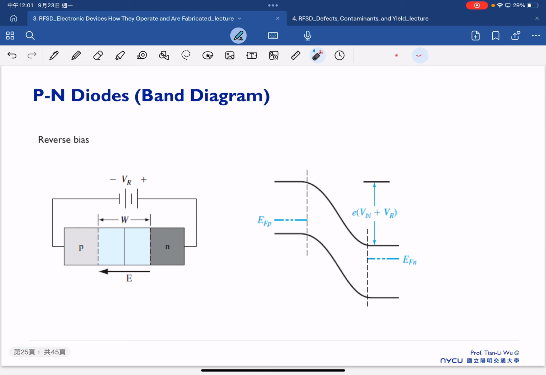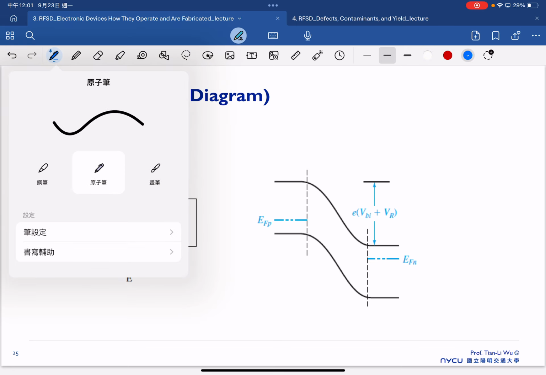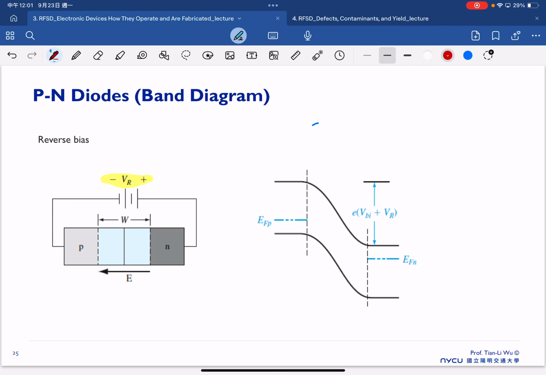Okay, so the next one, for sure we will be interested in the reverse bias. Reverse bias is simply that we apply the negative voltage on the anode side. That's what we call the reverse bias. And the major result is that once we apply the reverse bias, our barrier becomes larger, our mountain becomes higher, our barrier height is increased.